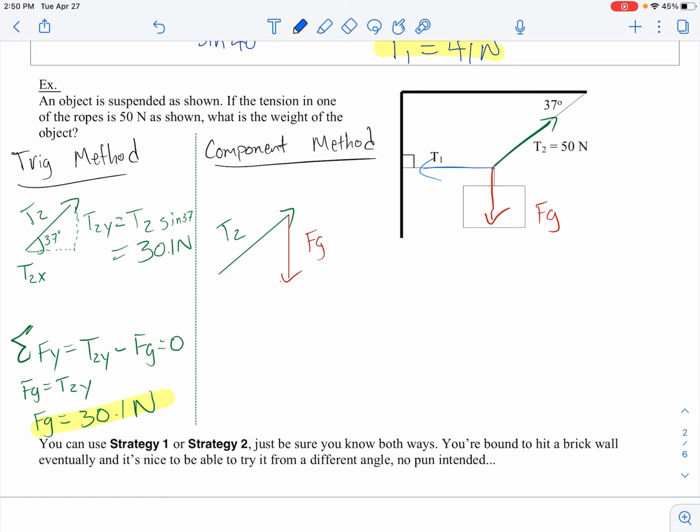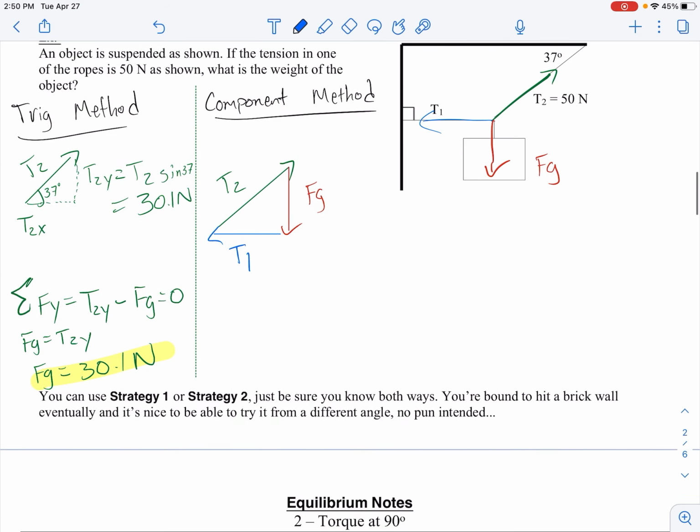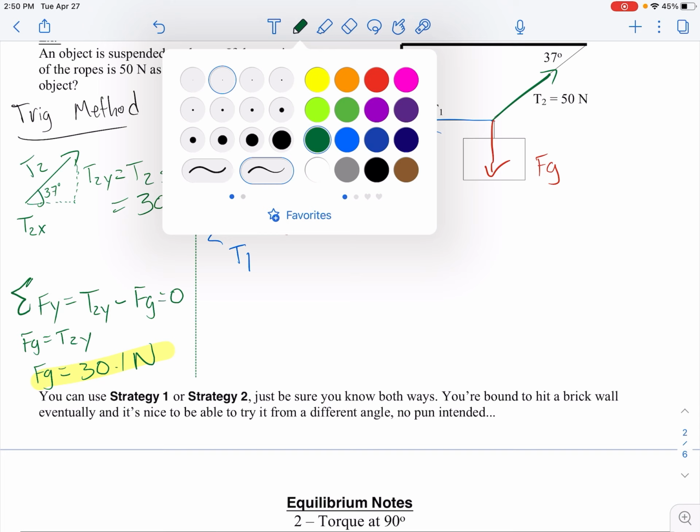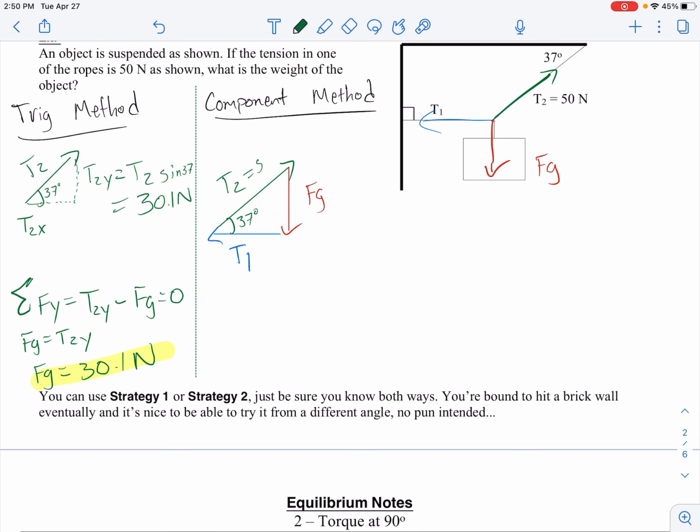And this only works out to be a right triangle because T1 is horizontal. In this case, remember that our angle is 37. We know that this is 50. Again, we're just trying to find Fg.